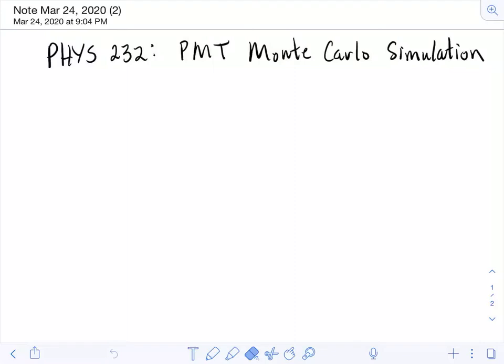In our analysis of the photomultiplier tube, we were able to calculate, for a given number of incoming photons, the average number of electrons that would be expected at the anode.